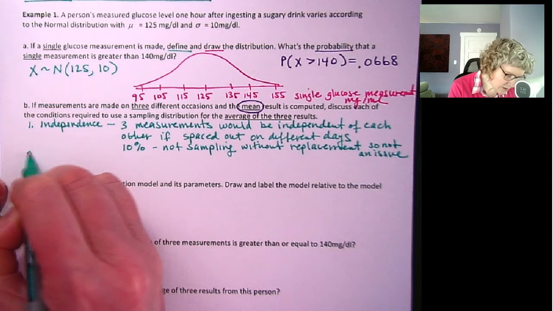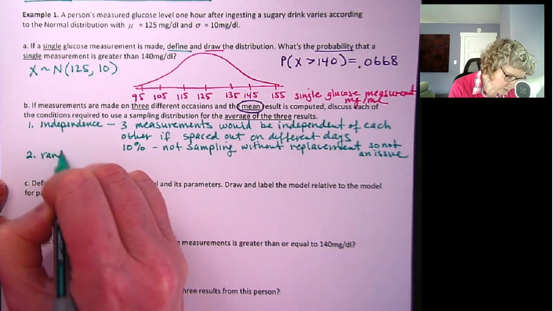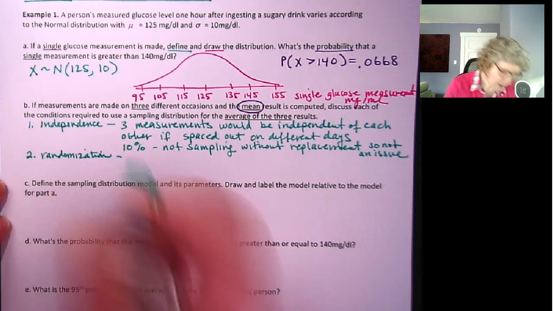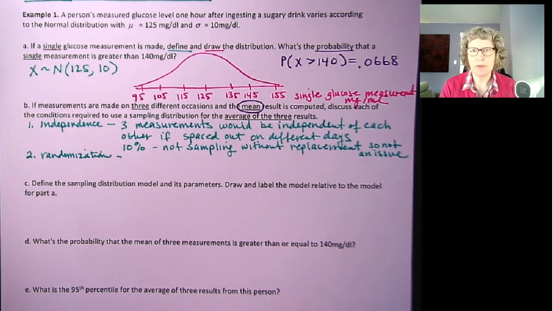Okay, so then 2 is randomization. Again, this is a little bit of a unique situation because we have the same person, but we're doing 3 different measurements. So how could we randomize it? Could we maybe do different times of day? Of course, how it's spaced out with meals seems like that might be important.